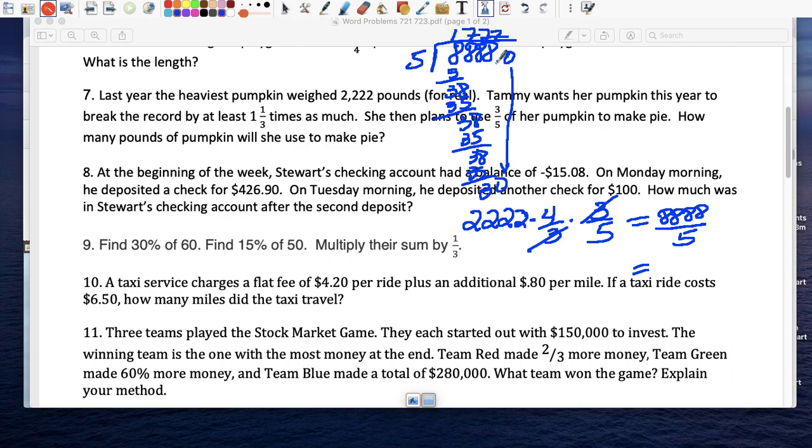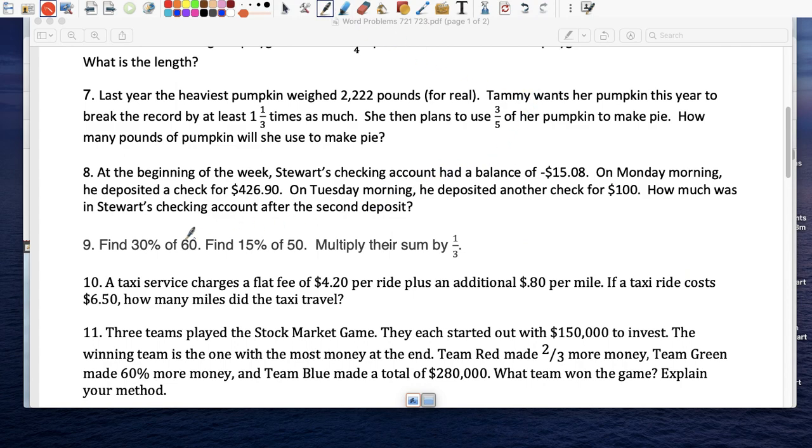So I'm going to add a 0, which may have to add a decimal, and then the last number is going to be a 6. So 3/5 of that amount is going to be 1,777.6 pounds, and that's how much she's going to use to make this big pie that hopefully she'll share with a lot of people.